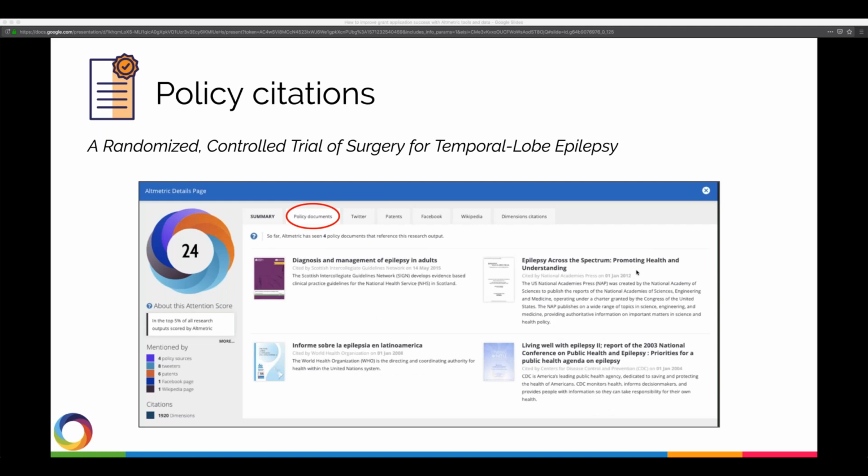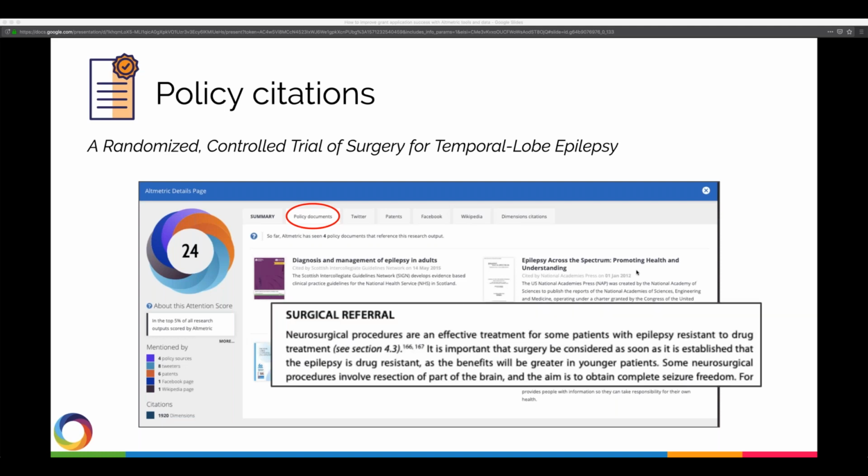Similarly, for policy citations, you can really dive deep into these to find meaningful bits of evidence that showcase broader impacts for your work. So looking at the policy citations for the same paper, we see that this piece of research has informed documents published by the World Health Organization, by the CDC, and others that are really important in the field of NGOs and other types of public policy.